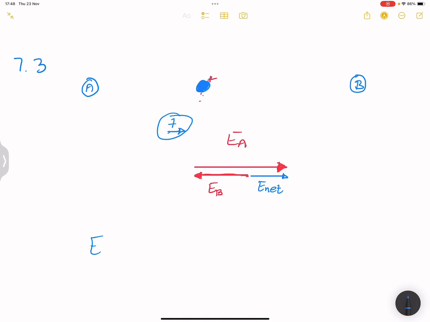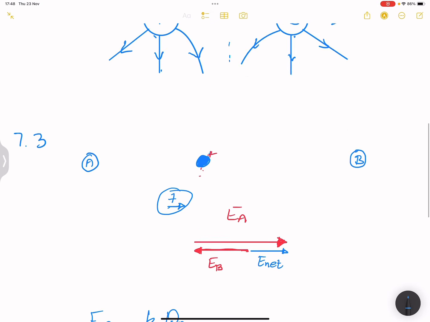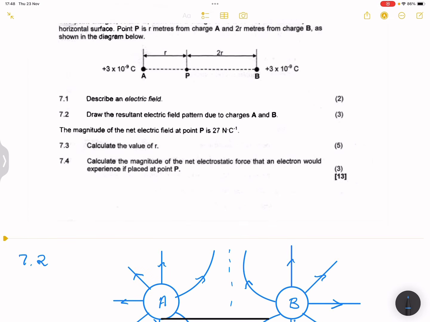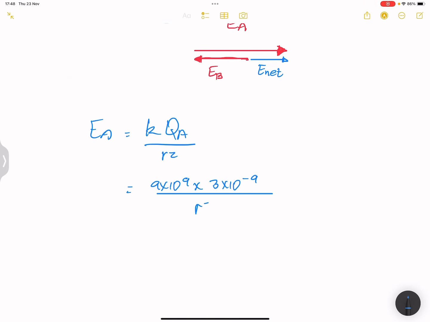So the field due to A, that's kQ_A over R squared. So this is going to be 9 times 10 exponent 9, times 3 times 10 exponent negative 9, divided by, now remember the distance there was going to be R away from A, so that's R squared.